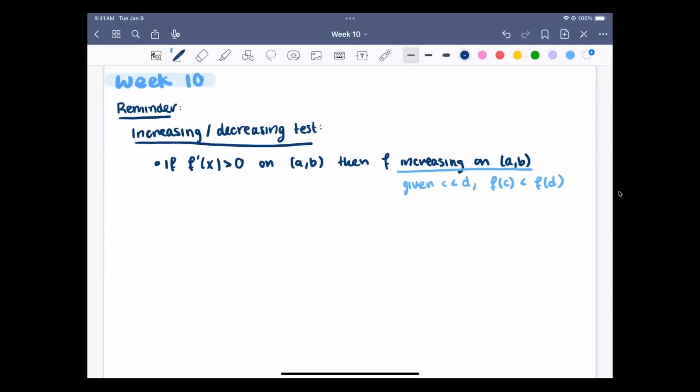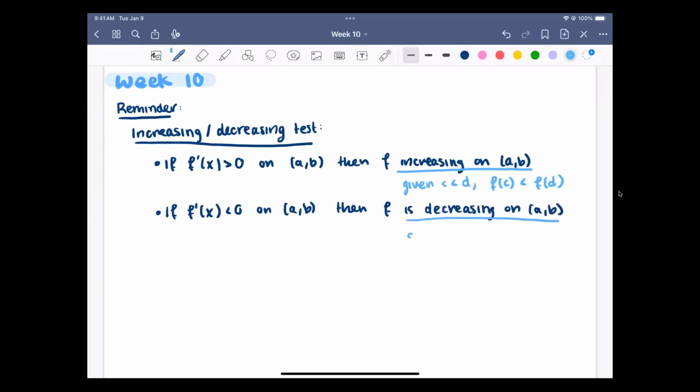Okay, and then the other side of this is if f prime of x is less than 0 on some interval (a, b), then f is decreasing on (a, b). And so this is the opposite.